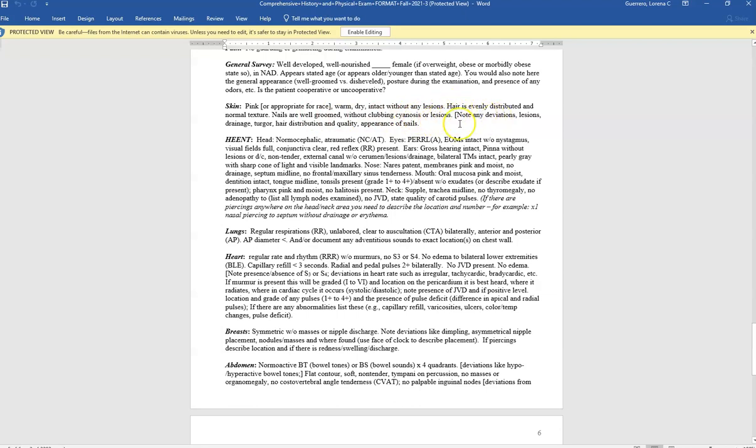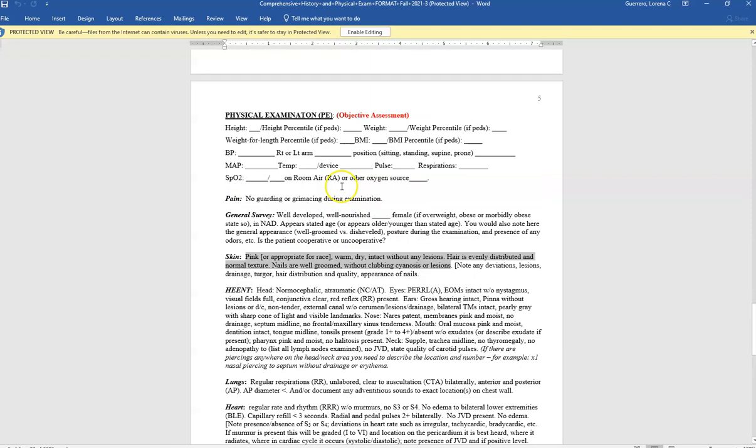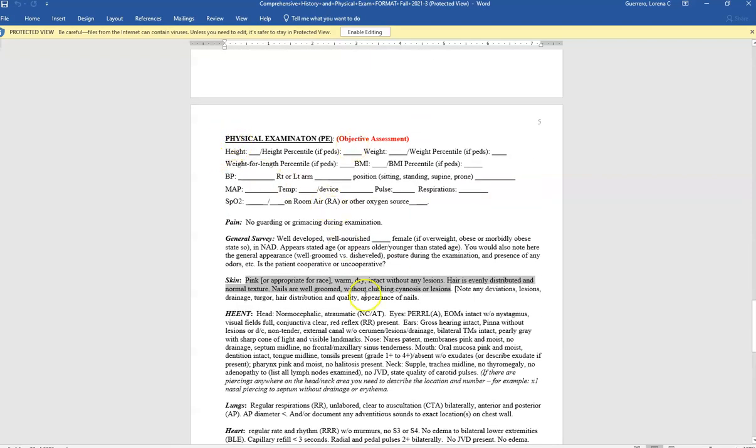And this is where, if there are deviations, you may see them listed. Again, what do you need to know? Normal, not normal. Know that when written this way, it is part of the objective assessment. Someone, a practitioner or nurse, is looking at this.